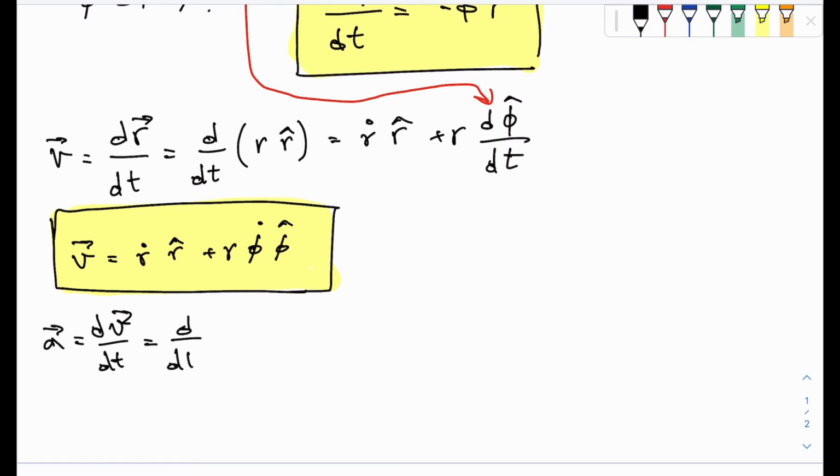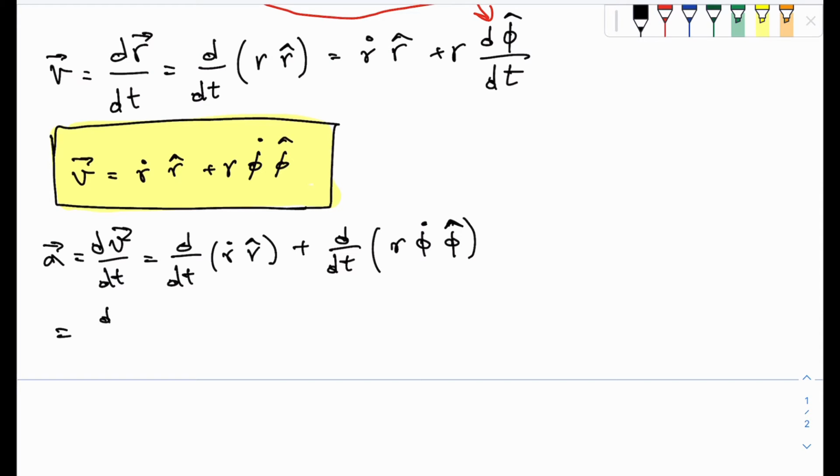We can continue to find the acceleration, which is dv over dt, and this is going to be d over dt of r dot in the r direction plus d over dt of r phi dot in the phi direction.